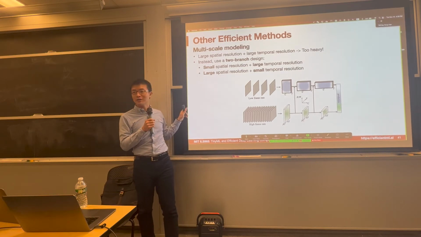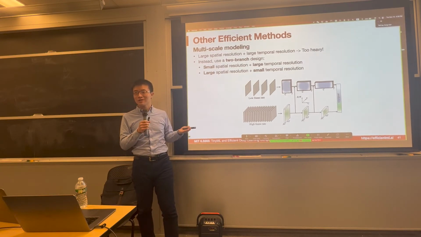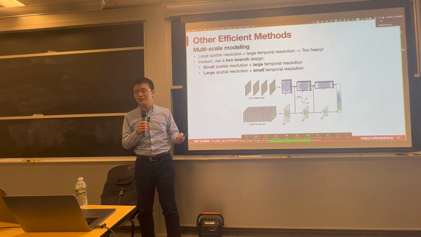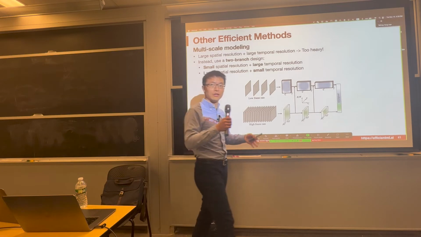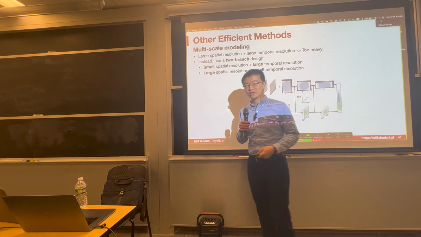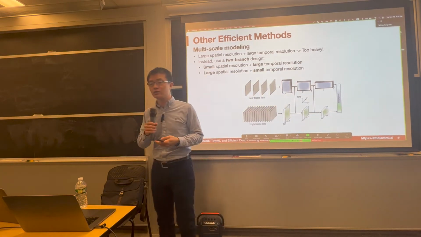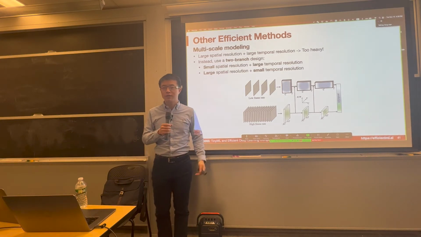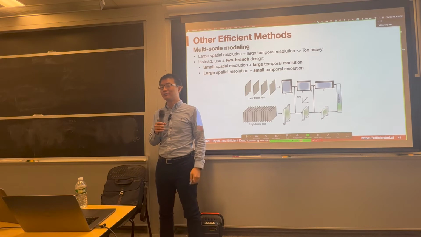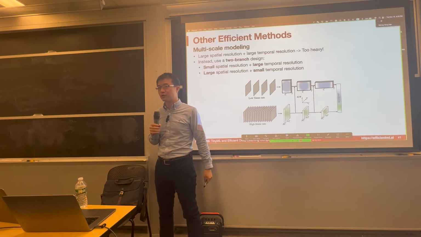Like this pixel and this pixel, black and white, they change suddenly, but from here to here, it doesn't change suddenly. But temporally, like I cannot move at super fast speed, right? So adjacent frames also share a lot of similar information. Therefore, there's opportunity to decouple the modeling of temporal information versus spatial information.